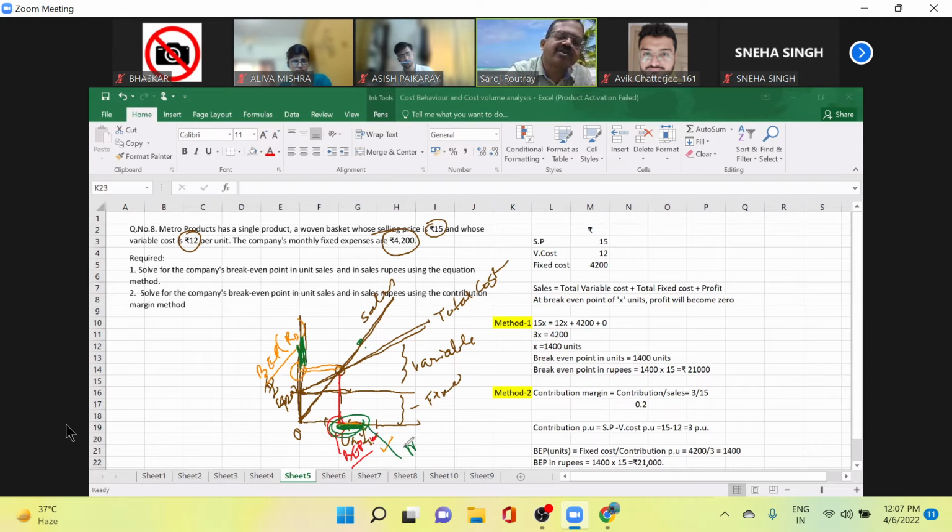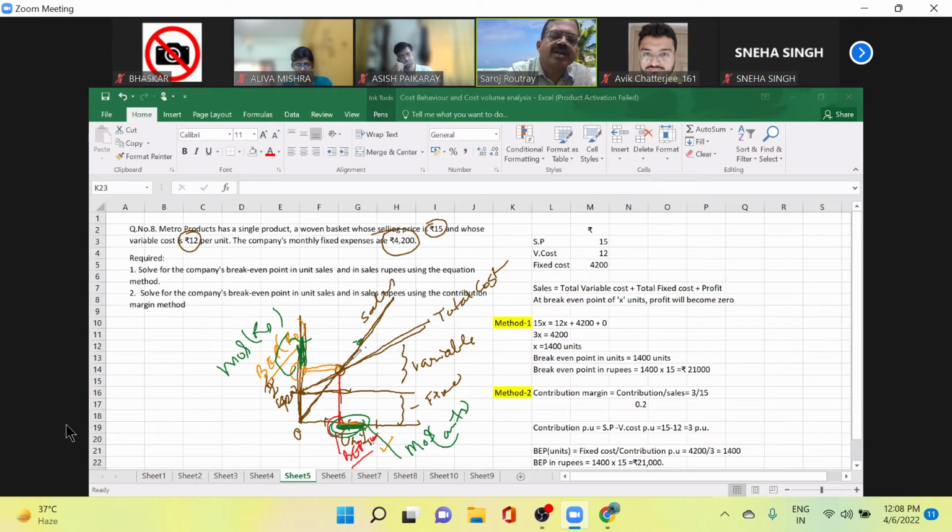This is called margin of safety, in units. And here also, this is also margin of safety, but in rupees. So what is margin of safety? Over break-even point, if you sell, that is called margin of safety.